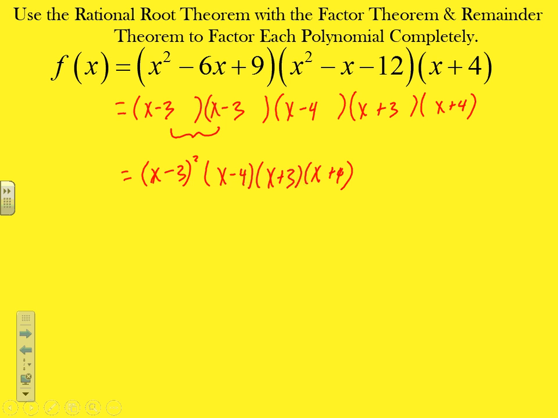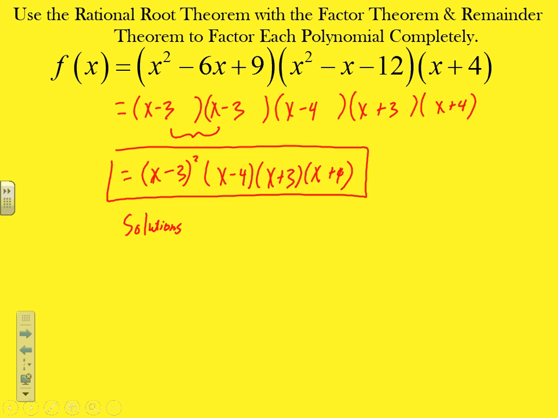And those would actually give me the solutions as well. So this is what it is in factored form. This would be your final answer here, because that's what it's asking you to do, write it in factored form.